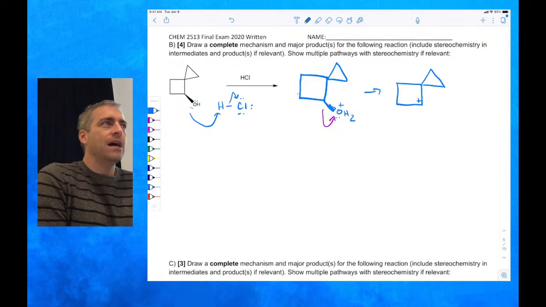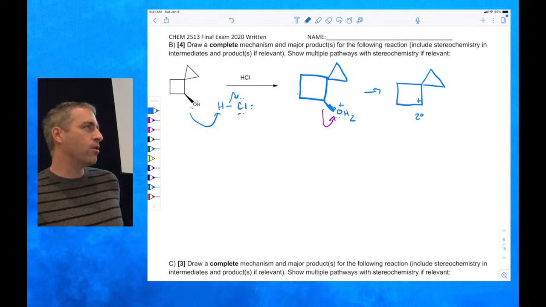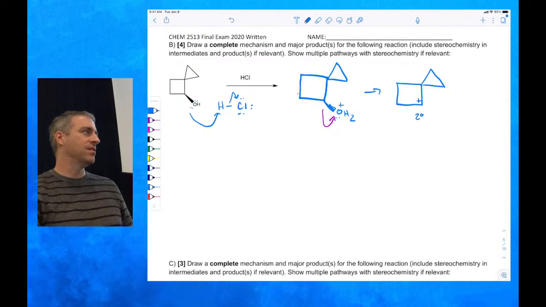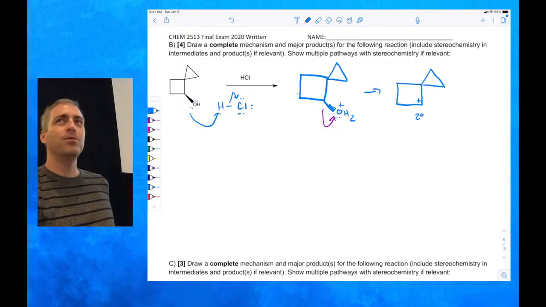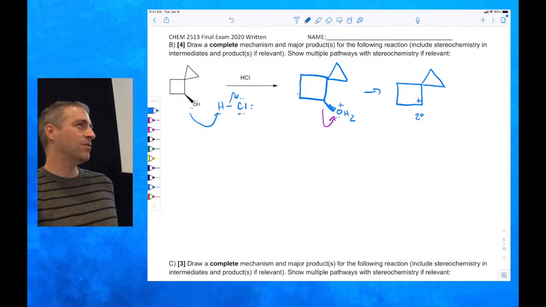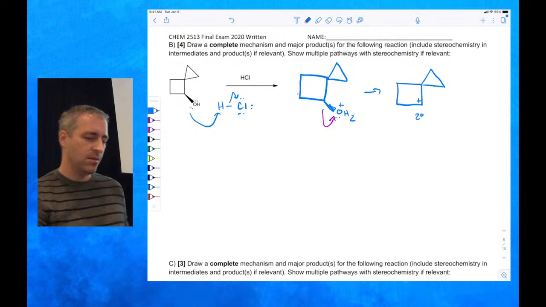So this is another classic example of a secondary carbocation. If you ever see those spiro compounds, when you have two rings that are joined at one carbon and you're asked to draw a mechanism, almost always there's going to be a rearrangement, and the rearrangement is one of those ring expansion rearrangements. Haven't seen a lot of these, but we've seen a couple.